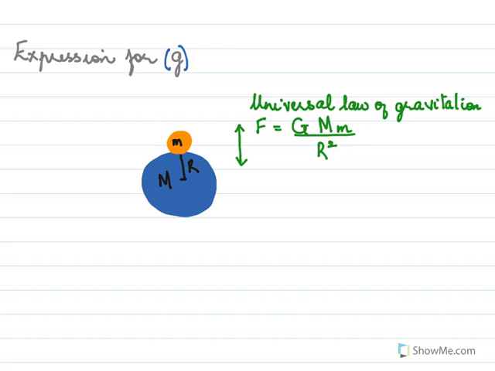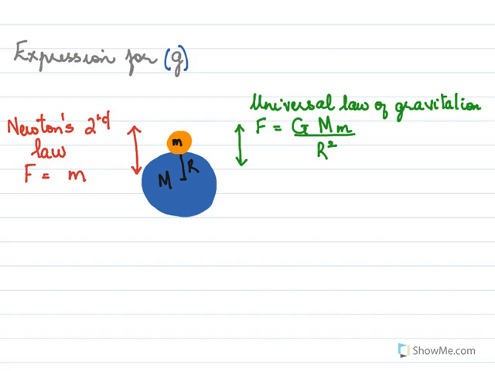Now the same force is also given by another law. There is also a force now acting between these two, and this is given by Newton's second law. And Newton's second law says this force equal to mass into acceleration.